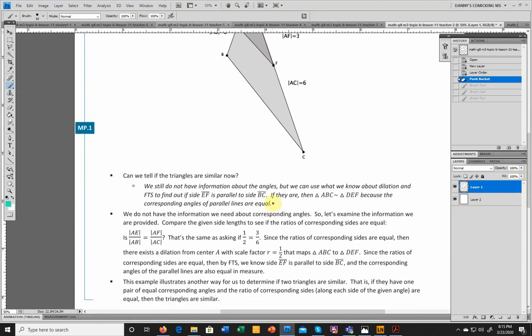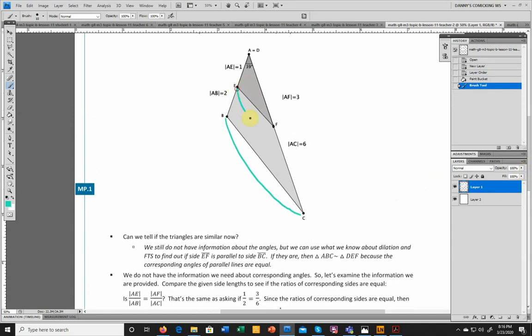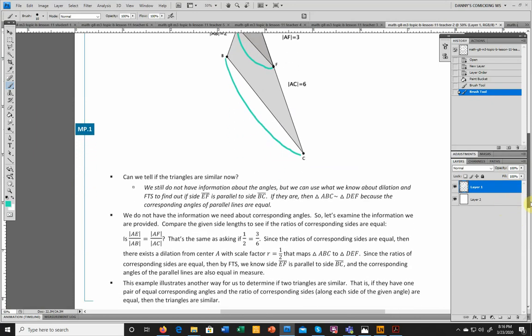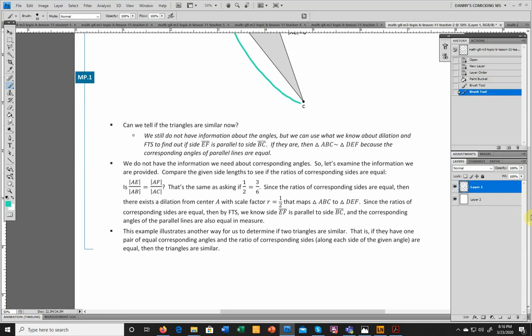We still do not have information about the triangles, but we can use what we know about dilation and FTS to find out if EF is parallel to side BC. So BC, that's these two sides, and EF. So visually, we could probably guess that they are parallel, but maybe we need to check a little closer. We do not have the information we need about the corresponding angles, so let's examine the information we are provided. Compare the given side lengths to see if the ratios of corresponding sides are equal.